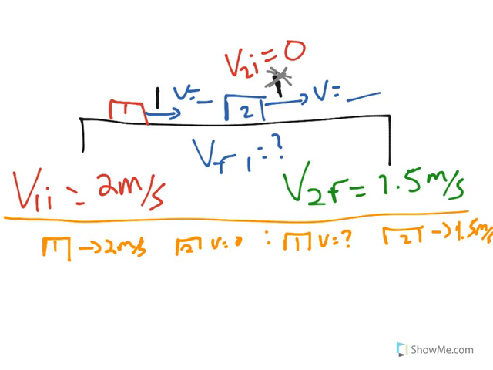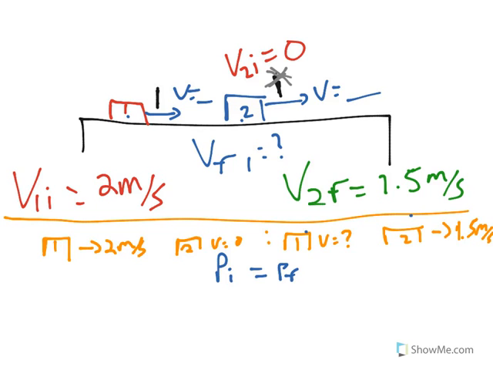Okay, at this point what we needed to remember was that the momentum initially equals the momentum finally. And it's important to point out at this point that the momentum initially is the total momentum of this system. So the momentum of object 1 initially and the momentum of object 2 initially. And the momentum finally is the momentum of these two objects put together.